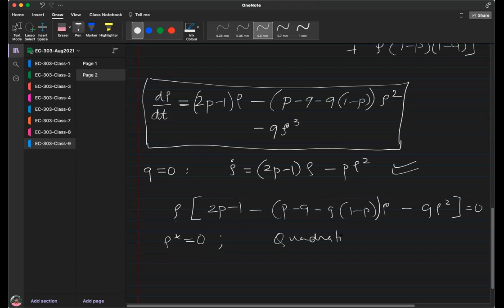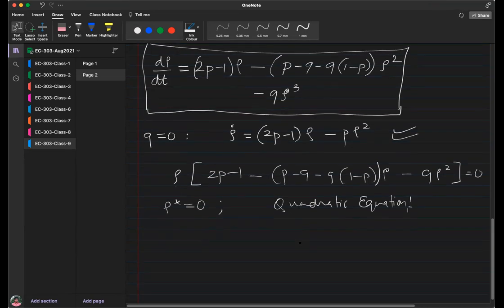So we will find two roots for the quadratic equation. And then what do you now need to do? You have to take the derivative of this entire expression and plug the quadratic root solutions into that to find whether it is positive or negative, and that will tell you how the equilibrium will change.